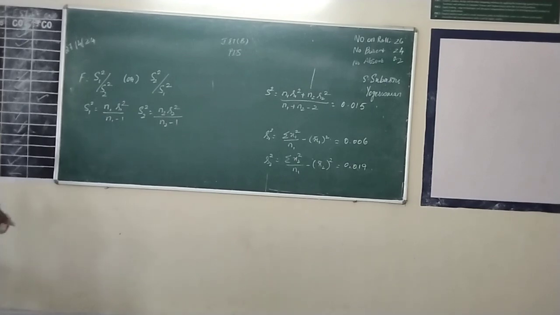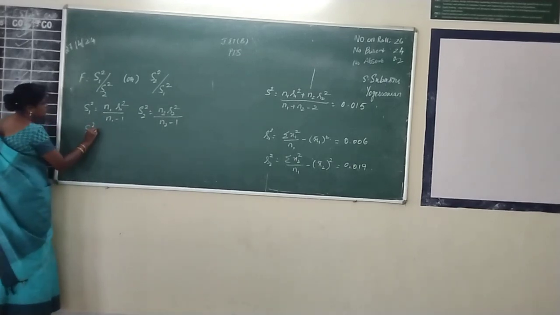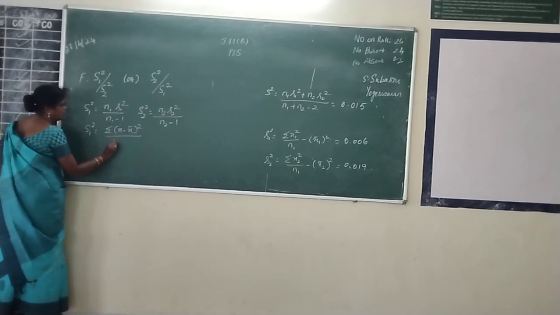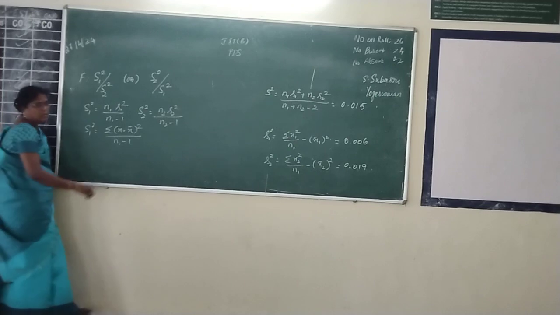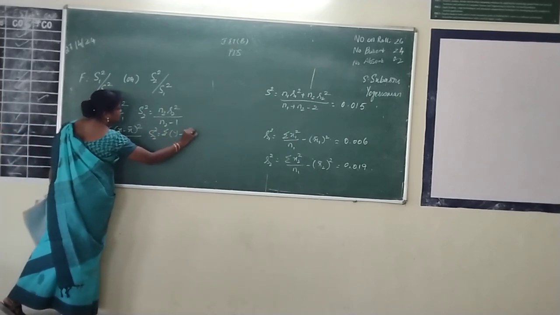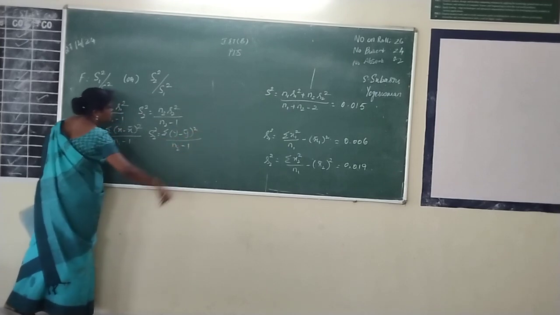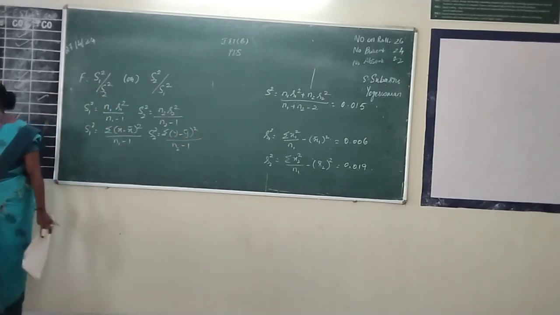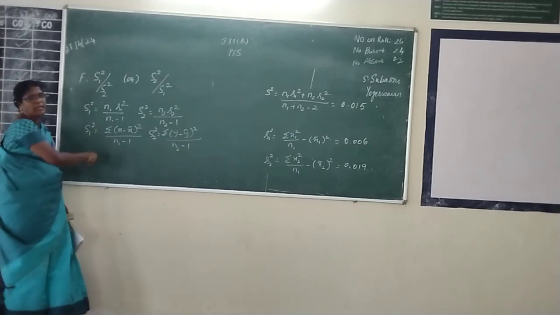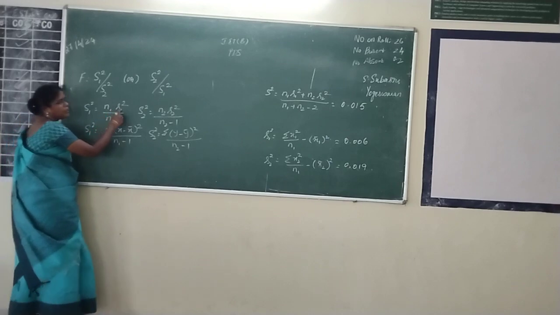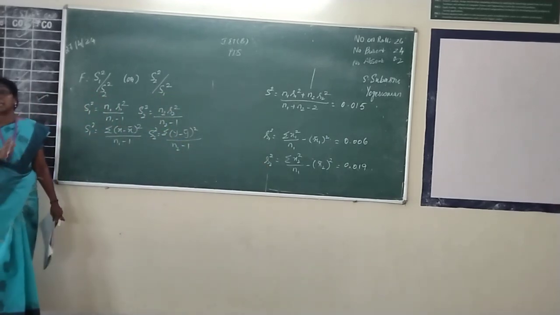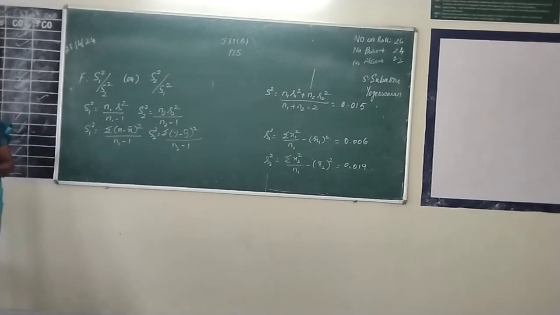So we can use the direct formula: capital S1 square equals summation of x minus x bar the whole square by N1 minus 1. Another direct formula is similar. According to the given data, you can design your formula. If you find this difficult, use the formula for S1 square and S2 square like this and complete the problem.